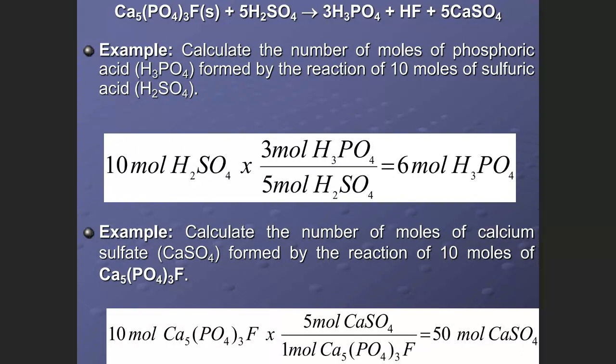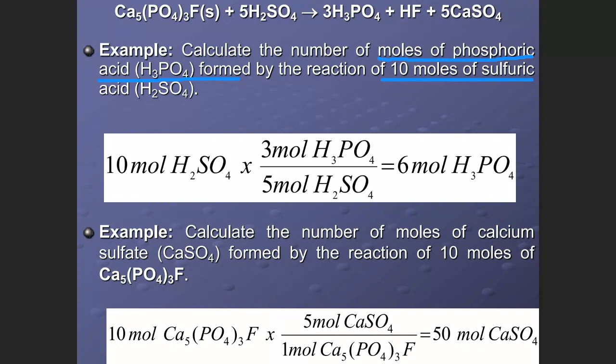We have to find the moles of phosphoric acid formed by the reaction of 10 moles of sulfuric acid. But we know we have the standard information. What information else do we have in addition to that?